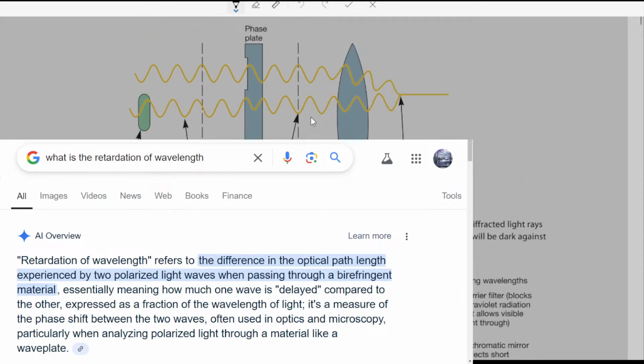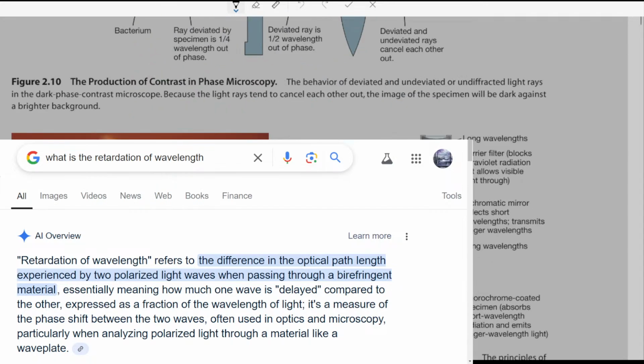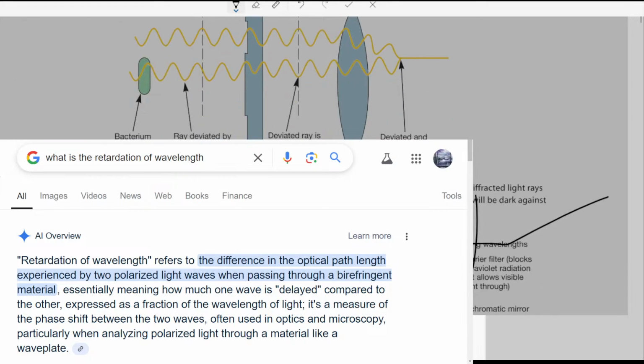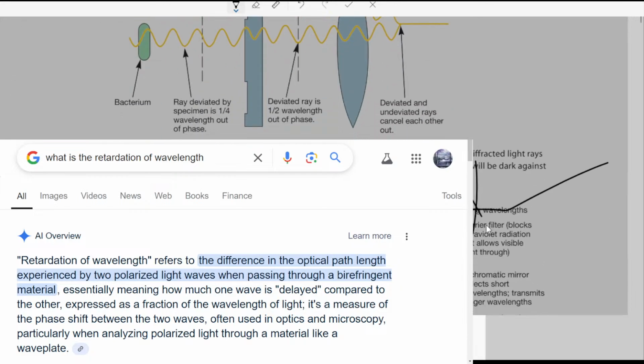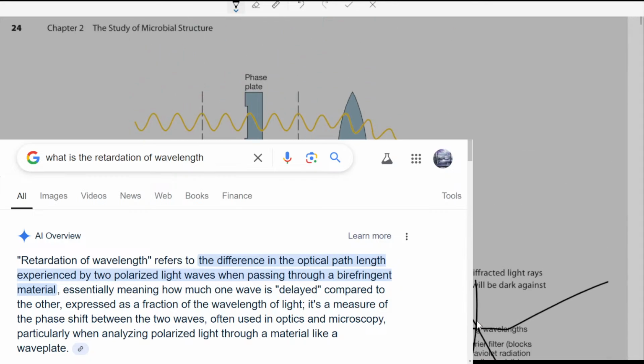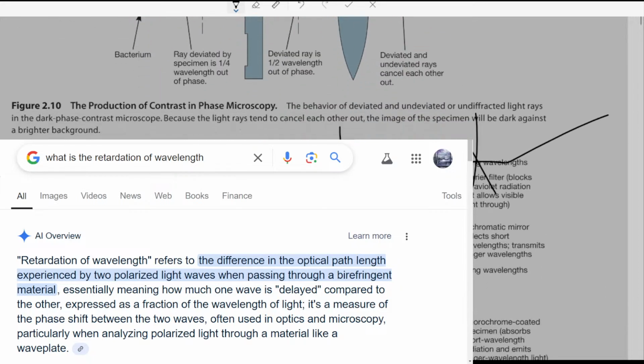Alright, if we change that deviated and undeviated like this, like we studied already, 1, 2, 3, 4 parts. And here another 1, 2, 3, and 4.